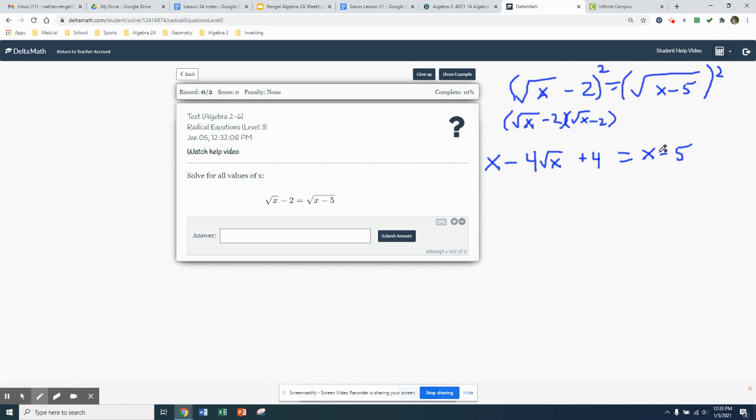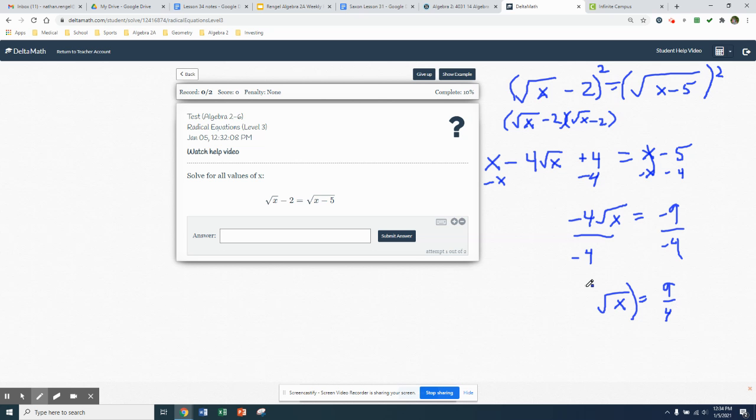From there, we've now got another radical. We'll start to isolate that. So we'll get the 4 moved over, subtract it, get the x moved over. We'll have negative 4 roots of x equals, well, the x's are going to cancel, and then negative 5 minus 4 is going to end up being negative 9. Next we'll divide by negative 4, divide by negative 4, and we get the square root of x is equal to 9/4.